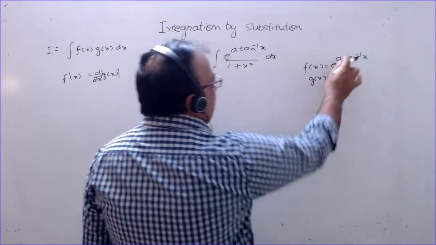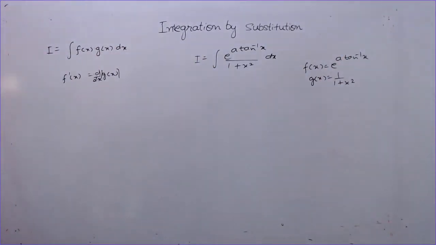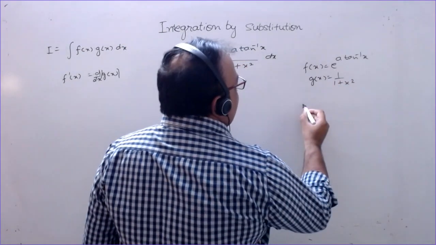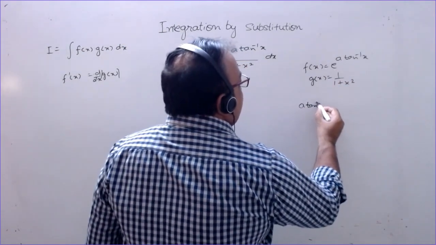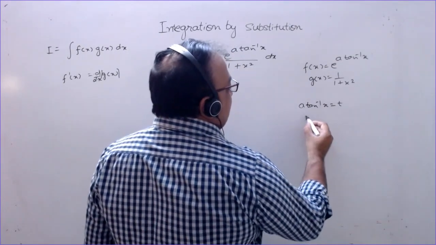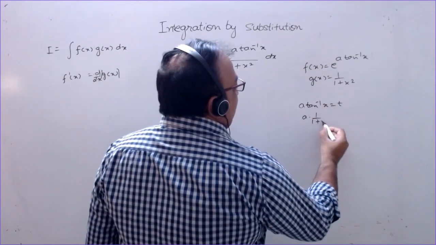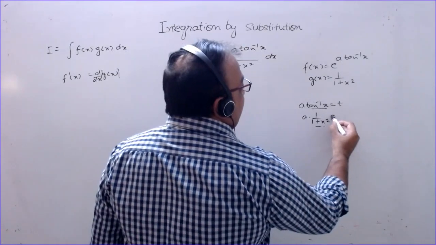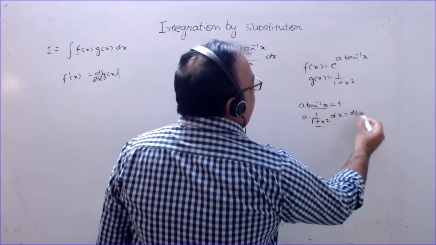If I put this function as t and take its derivative, then you can solve this question. So I will make the substitution here, where a is a constant. Suppose a tan inverse x is equal to t. Now differentiating both sides, a times 1 over 1 plus x square, the derivative of tan inverse x, dx is equal to dt.